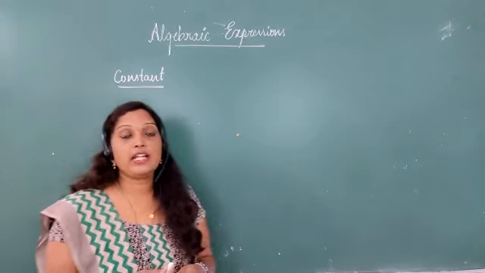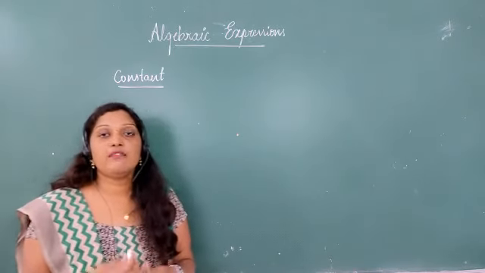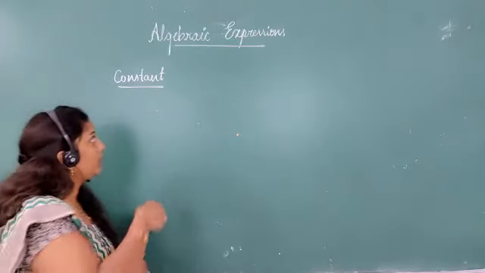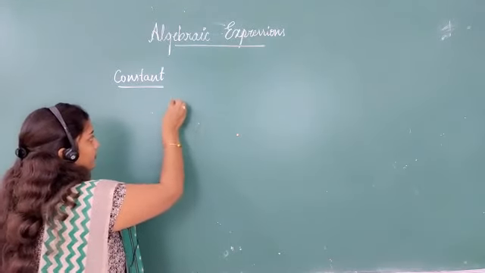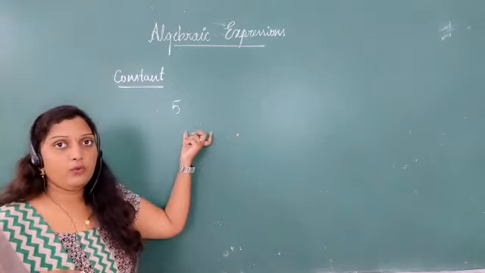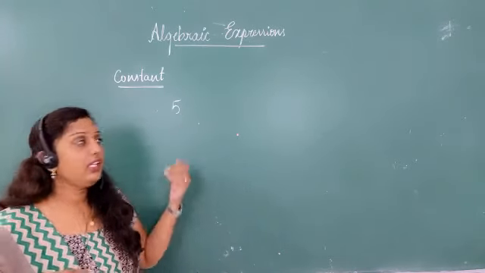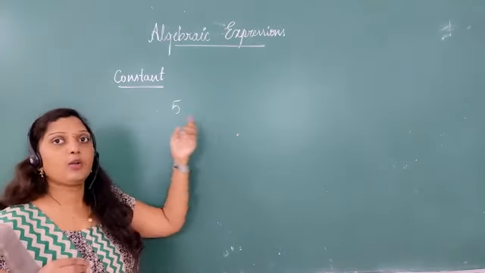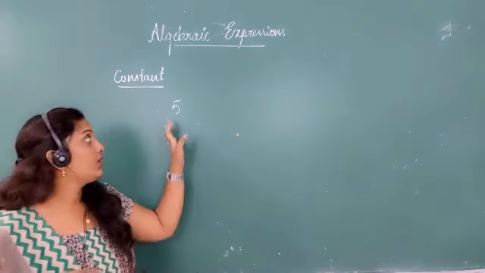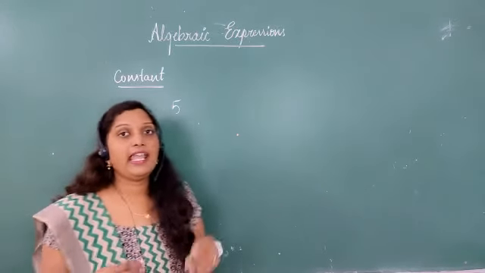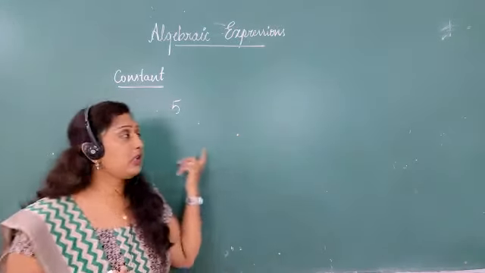Any value that is fixed, or the value which does not change, is called a constant. Suppose we take 5. 5 is a value which does not change, right? 5 means 5 itself. It cannot become either 6 or 4, correct? So that's why 5 is called a constant. For that matter, any number is called a constant.